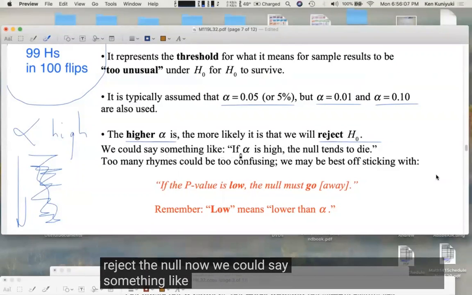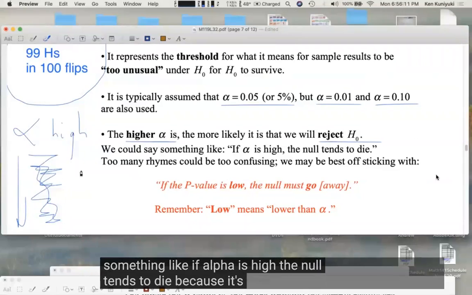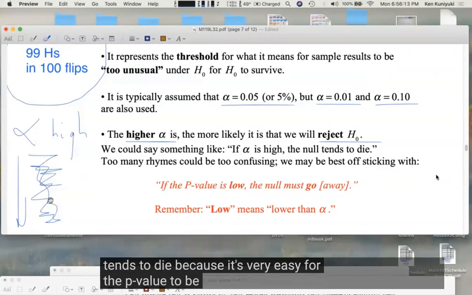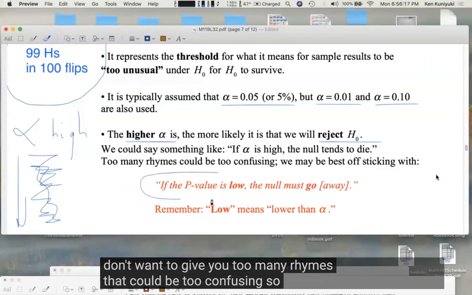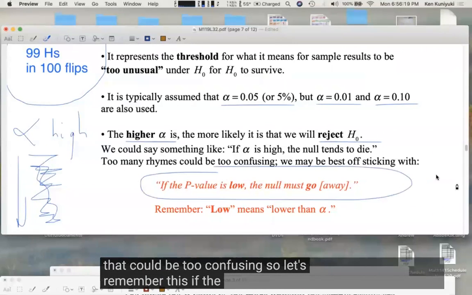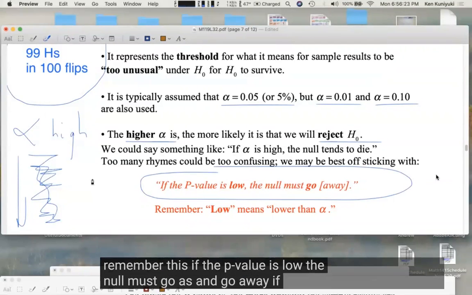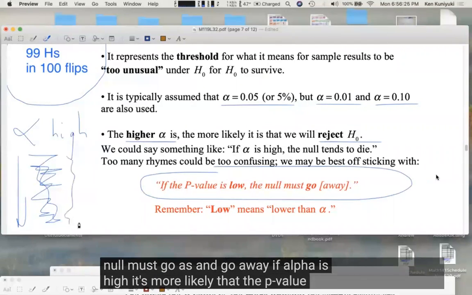Now we could say something like, if alpha is high, the null tends to die, because it's very easy for the p-value to be below alpha. But I don't want to give you too many rhymes. That could be too confusing. So let's remember this. If the p-value is low, the null must go, as in go away. If alpha is high, it's more likely that the p-value is too low.